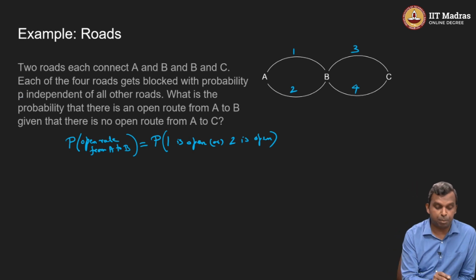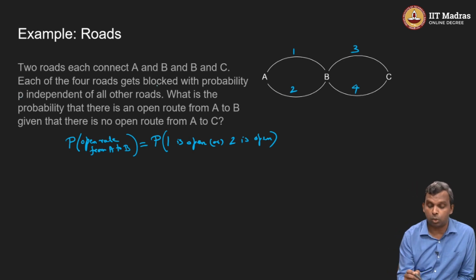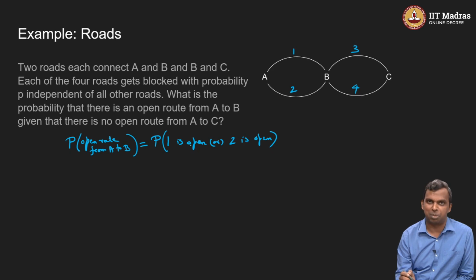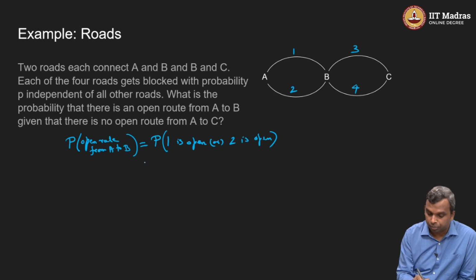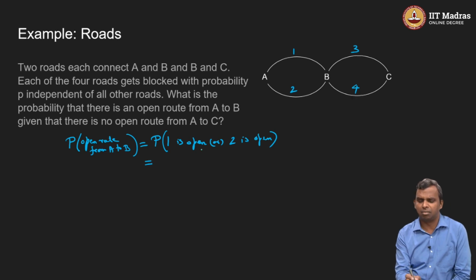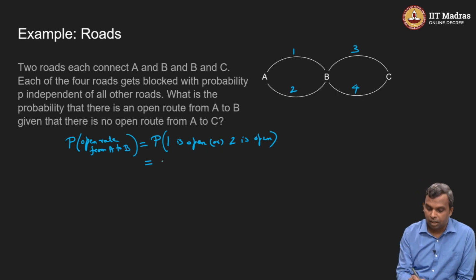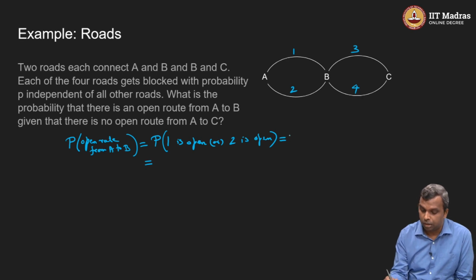Probability P is the probability that the road gets blocked. What's the probability that the road is open? That's 1 minus P, isn't it? So 1 is open or 2 is open. This seems a little bit difficult to do. So what one can do here is maybe find the other way around.